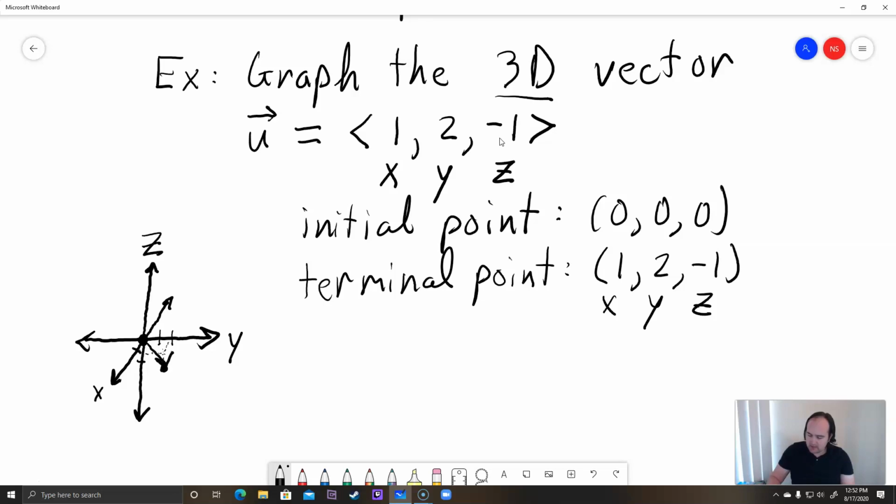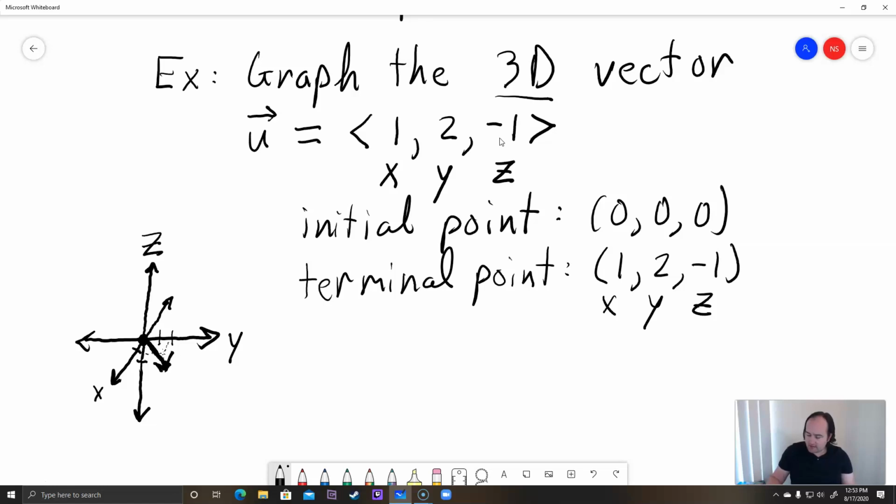And obviously 3D vectors are hard to draw, but you're not going to actually have to draw in this class. If you do have any graphing problems, you'll just be looking at graphs, and then they'll be asking you questions about those graphs. So you just have to have an understanding. You don't have to be an artist or anything, because I certainly am not an artist, as you can see.